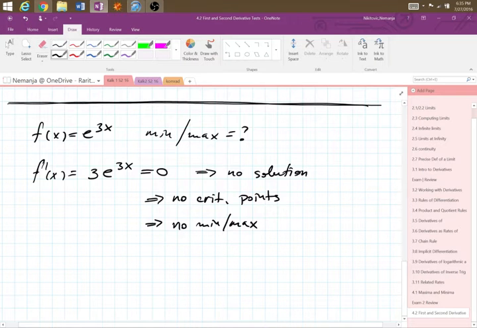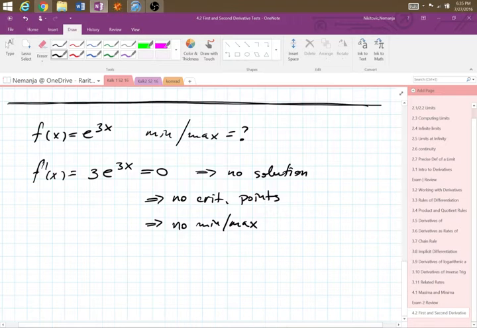But we can still check whether the function is increasing or decreasing by running the first derivative test. See, the first derivative test is not a test for you to find min and max. The first derivative test detects where the function is decreasing, where the function is increasing, and so on. That's what it detects.